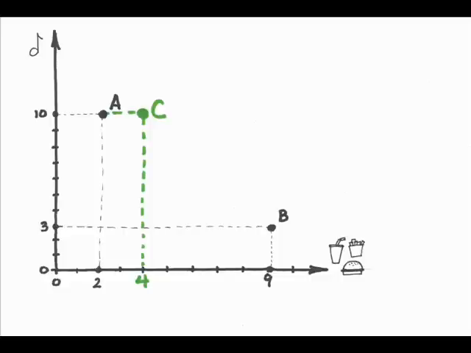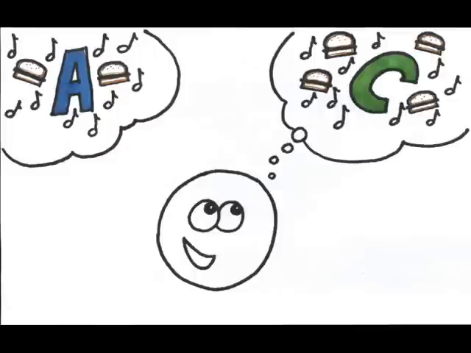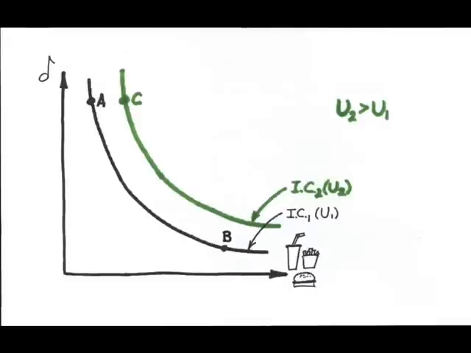Which one will the consumer choose? Because we've assumed that more is preferred to less, this consumer must choose combination C, 4 meals and 10 CDs, over combination A, 2 meals and 10 CDs. This means that bundle C is on a new indifference curve, one that yields a higher level of utility.